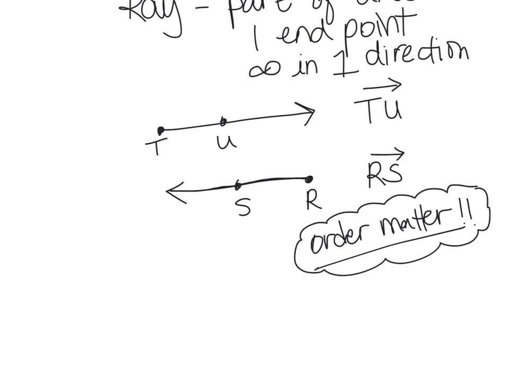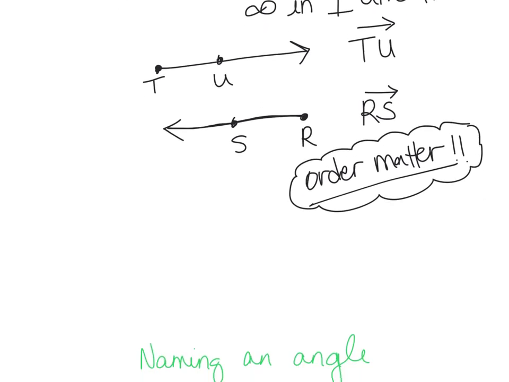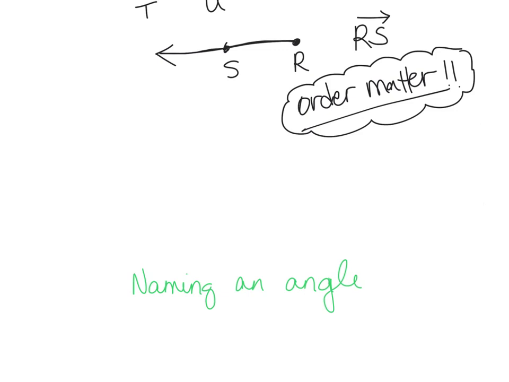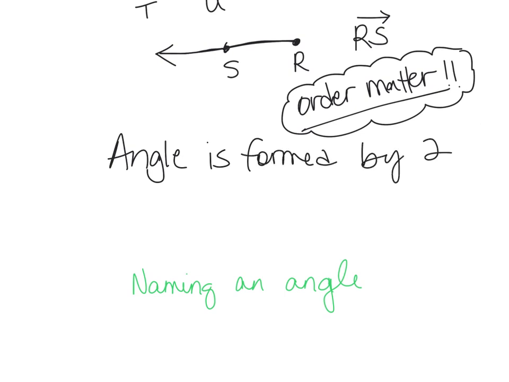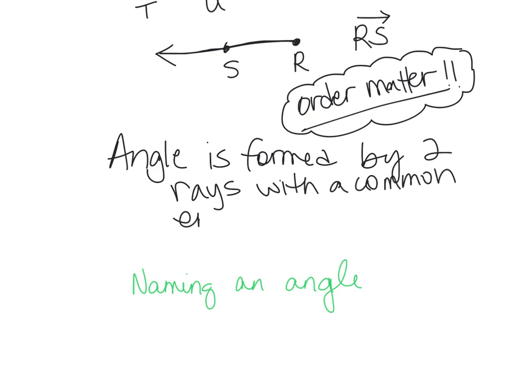Okay, so an angle is formed by two rays with the same endpoint, a common endpoint. That endpoint is called the vertex.